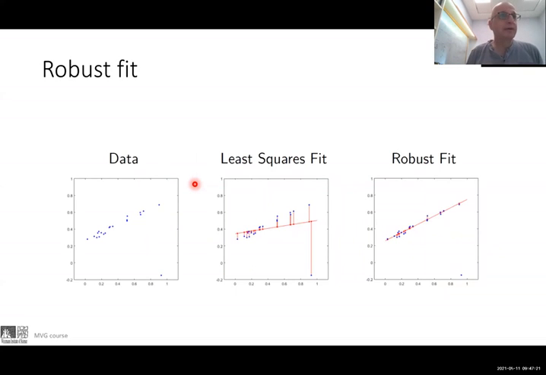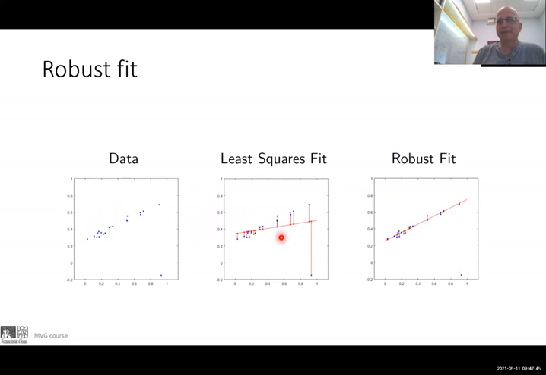Okay, so visually, if we have data here and the model is a line, and we try to do a least square fit, the data really lies on the line, but there is just one point that is an outlier here, very distant from the actual line.